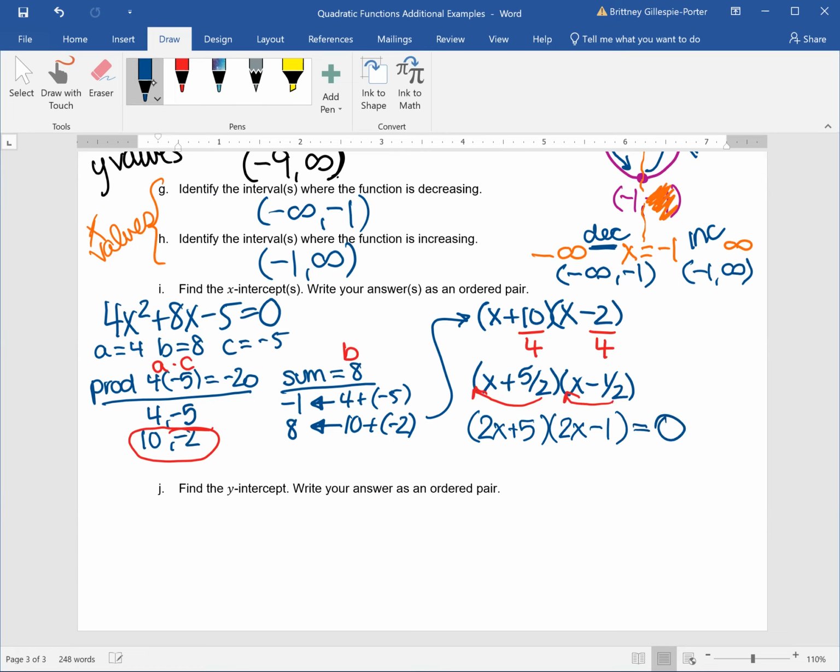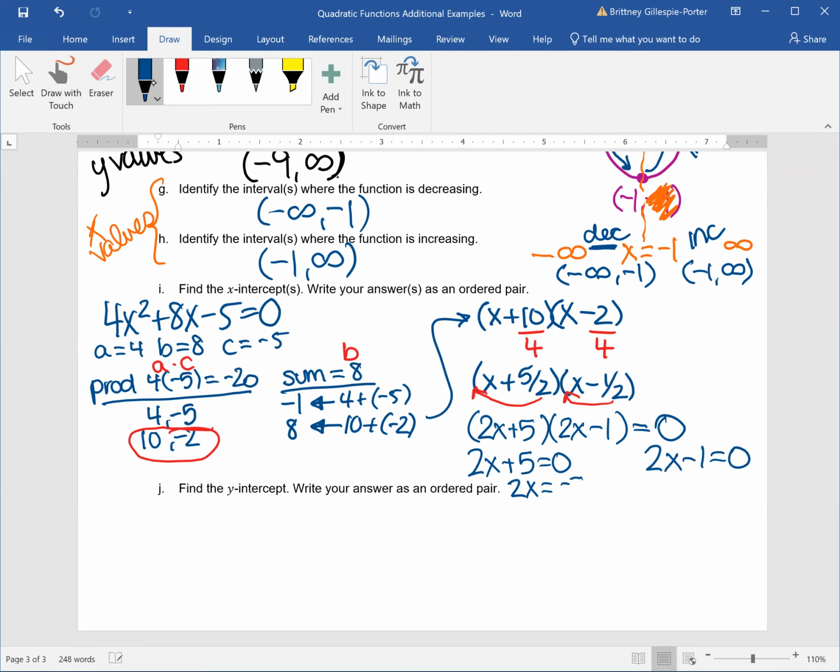Remember, we still had our equation equal to 0. From here, take each one, set it equal to 0. Each of the factors, I mean. Here you would have 2x is equal to -5. So x is equal to -5/2. And the other one, we would have 2x is equal to 1, and x is equal to 1/2.